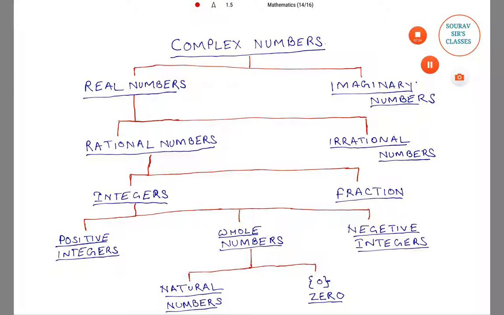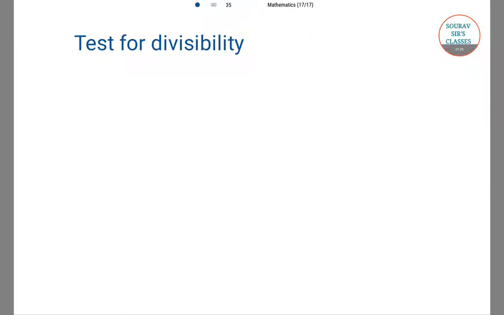We have certain rules to check whether a number is divisible by certain integer numbers. So these are the tests of divisibility. First is the test of divisibility by 2.